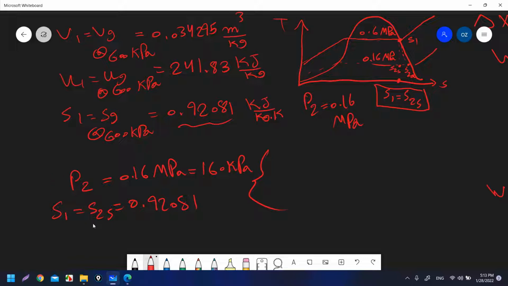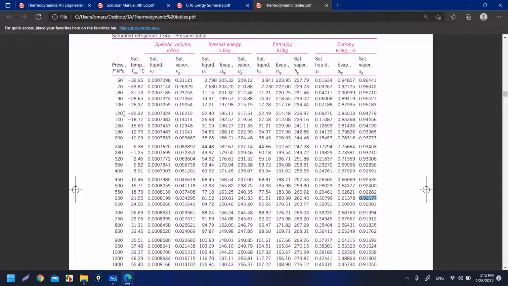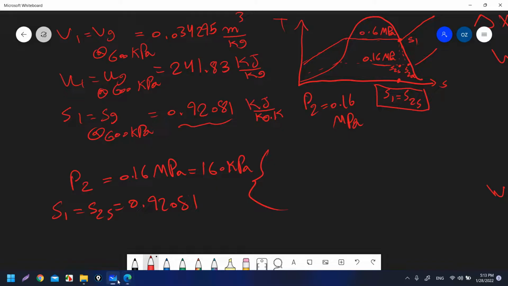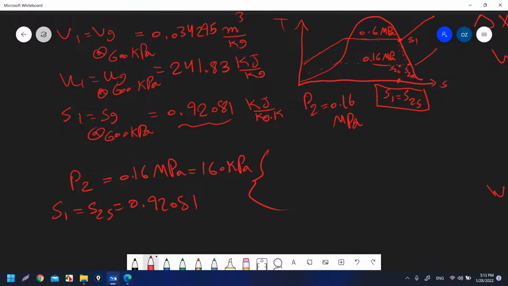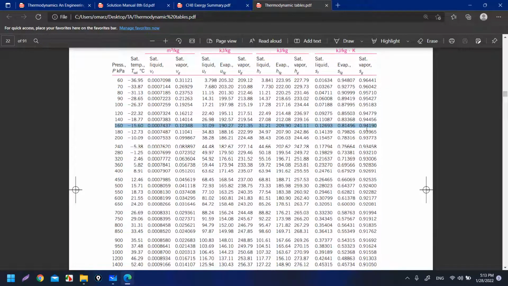So I have to go to table A12 at this pressure, 160, and compare my entropy. 0.92 is less than 0.94, so it is a mixture. If it was higher than 0.94, it would be superheated and I should go to the superheated table.